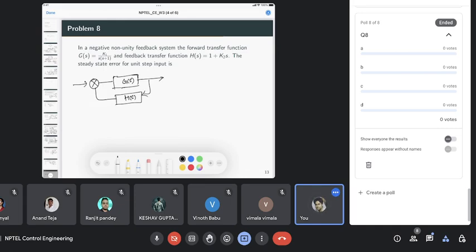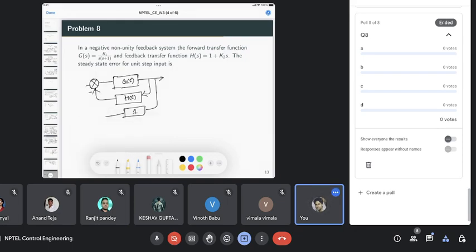This is plus and this is minus. We want this H(s) to be 1, so I just pick this signal, which is 1, and add it here.